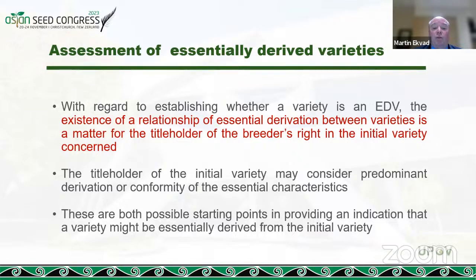And these are both possible starting points in providing an indication that the variety might be essentially derived from the initial variety. So in essence, it is stated that breeders may seek ways to resolve potential questions on whether varieties are EDV or not between themselves at the first occasion. So next slide, please.